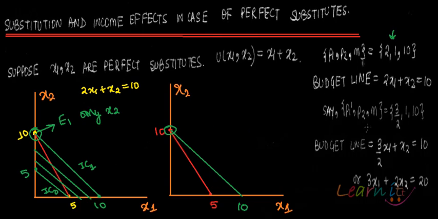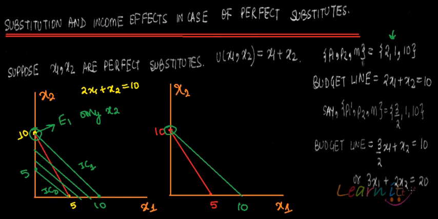Now suppose your budget line changes. Why? Because the price of good 1 has fallen from 2 to 1.5. Clear? So my budget line would become, that is, the price of good 1 is now 3 by 2, the price of good 2 is 1, and income is 10. So this is 3 by 2 x1 plus x2 equals 10.